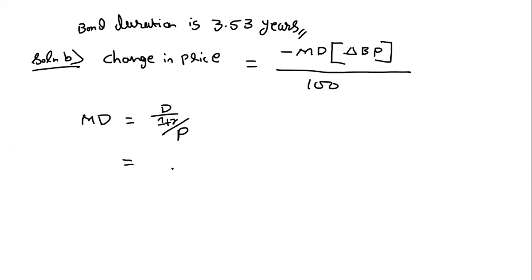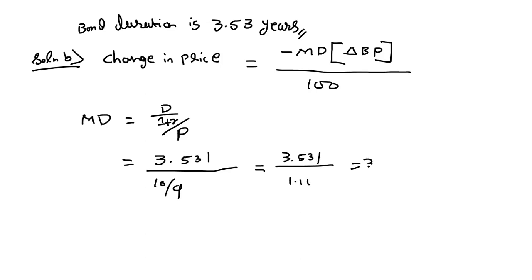We know the duration, that is 3.531, divided by 1 plus 10 divided by 9. So 9 is the old, 10 is the new one. So we get 3.531 divided by 1.11, that is nothing but 3.181.